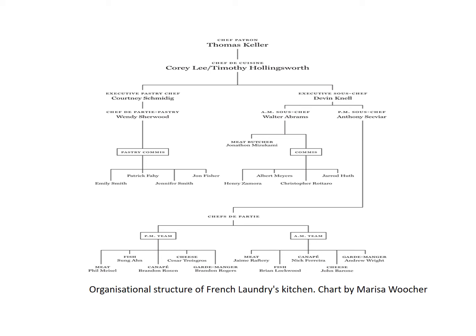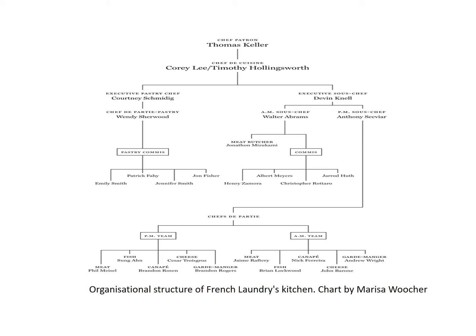So you can see it's well organized. It's well organized in terms of different people having different functions to complete different things, and all of these people working together to complete the finished product in terms of the whole food experience. So this is the organizational structure of the French Laundry kitchen, chart by Marcia Wisher.